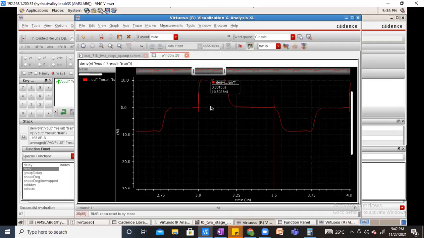Again, you can do the same thing: write the expression to find out the positive and negative for 2 and take the average, so that you will get the final slew rate. Any questions, guys, overall?